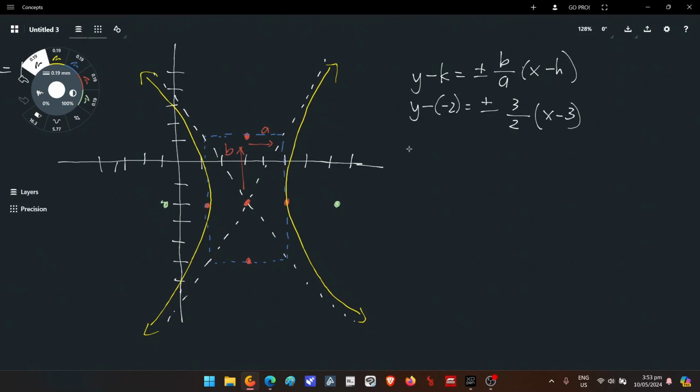Then simplify: this can be rewritten as y plus 2, because negative times negative is a positive, equals positive negative 3 halves (x minus 3). And those are the asymptotes.